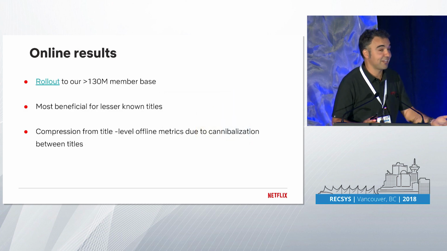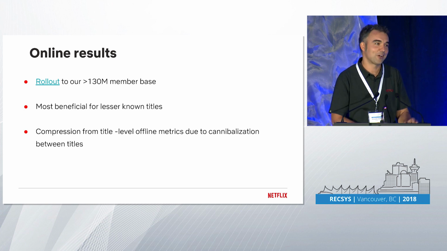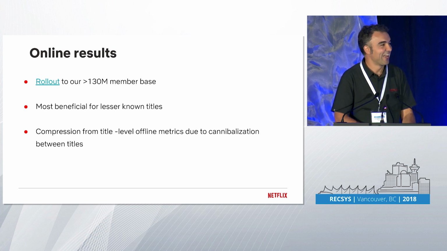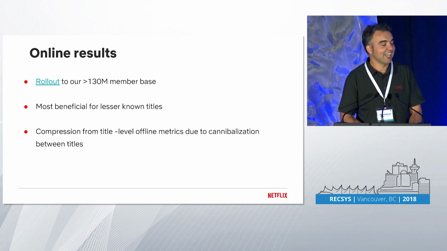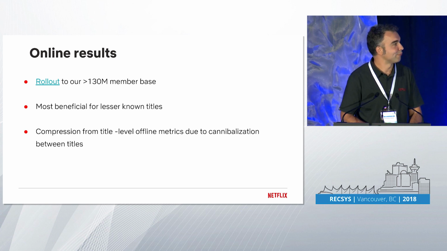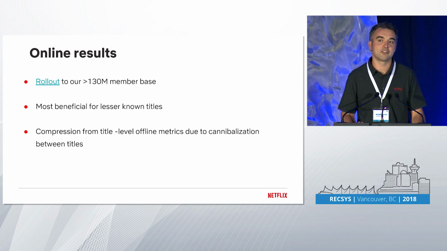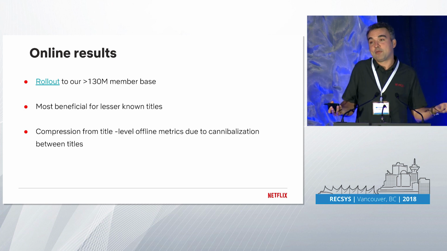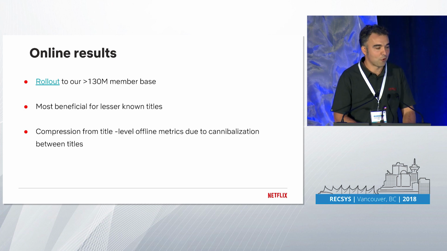I can say in this case, it's been rolled out to production, to all the customer base. And a couple of things that we learned when it was put online: it's more beneficial for the lesser known titles. And this seems kind of obvious in retrospect, but it was not so obvious at the beginning.